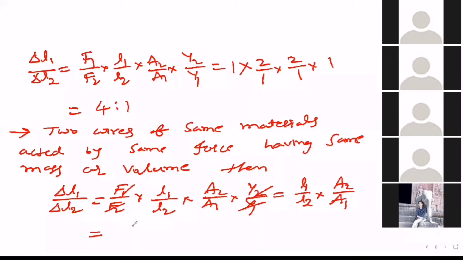Now here L1 by L2 equal to A2 by A1 because same volume means the condition L1 A1 equal to L2 A2.